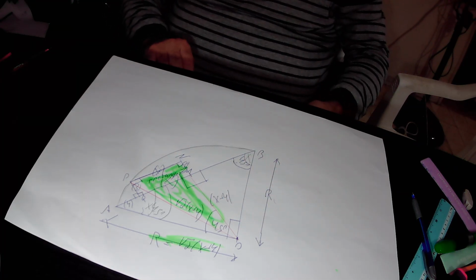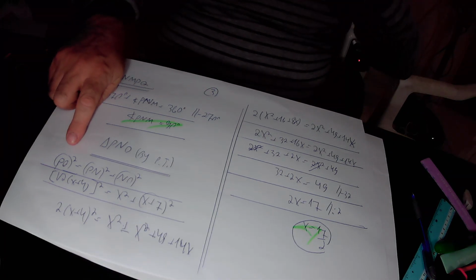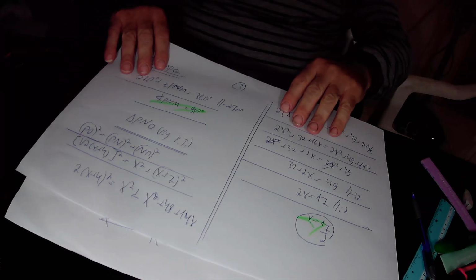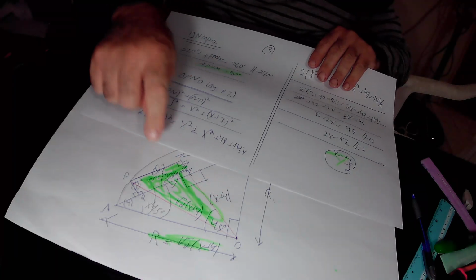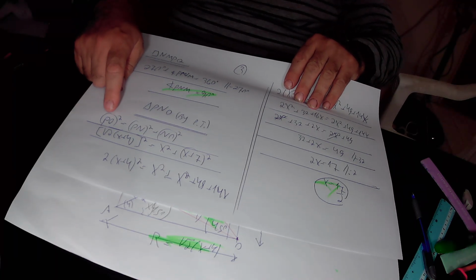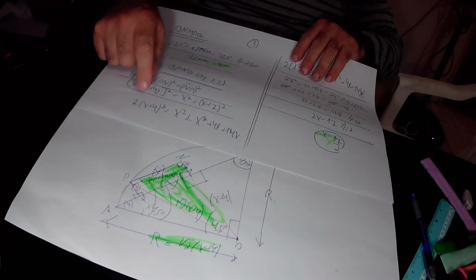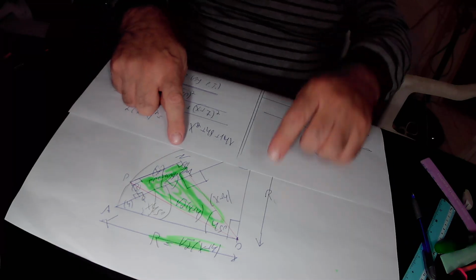According to the Pythagoras theorem, PO squared, that is the square of the hypotenuse, equals PN squared plus ON squared. The hypotenuse PO is the radius of this quarter circle. This equals the square root of 2 times x plus 4, and therefore PO squared must be equal to the square root of 2 times x plus 4 squared, and it equals PN squared. PN is x, therefore PN squared is x squared, plus NO squared.